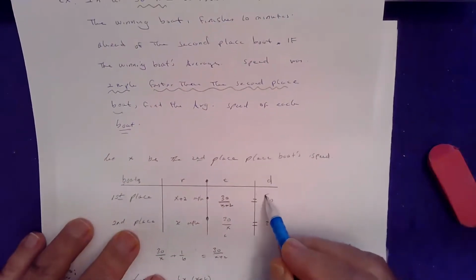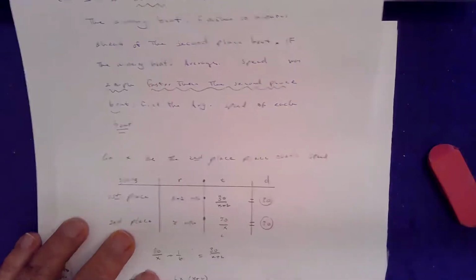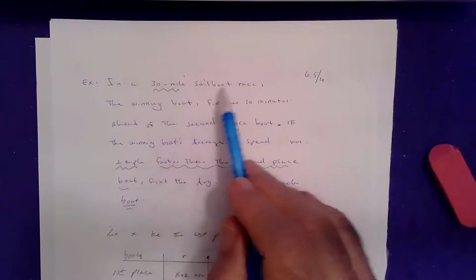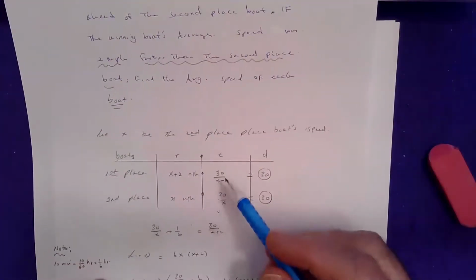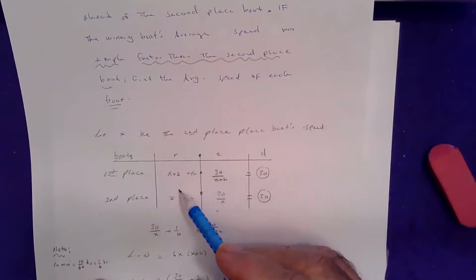Remember, as far as the distance, they had to travel the same amount of distance. So distances were the same because this was a 30-mile sailboat race. So we know the distance. What we don't know is the time and the speed in this problem.